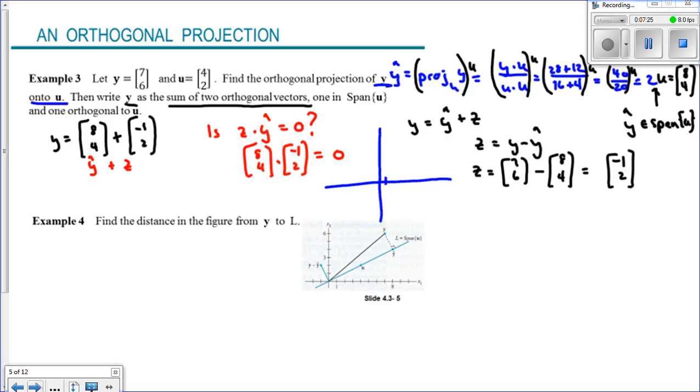7, 6. 1, 2. So here's the vector 7, 6. So there's y. u is the vector 4, 2, which is right here. Okay, so we wanted a multiple of u, which we got 8, 4 to be that multiple of u.